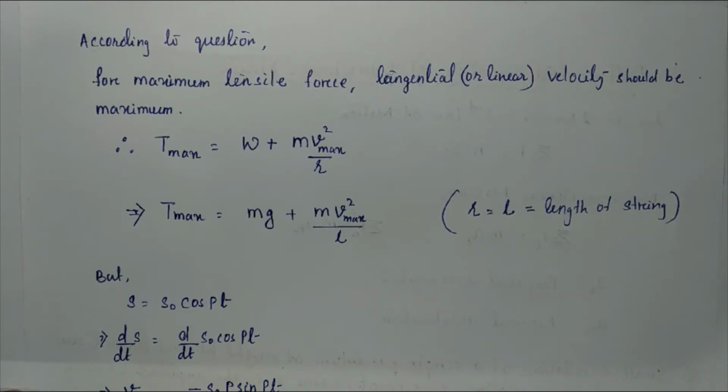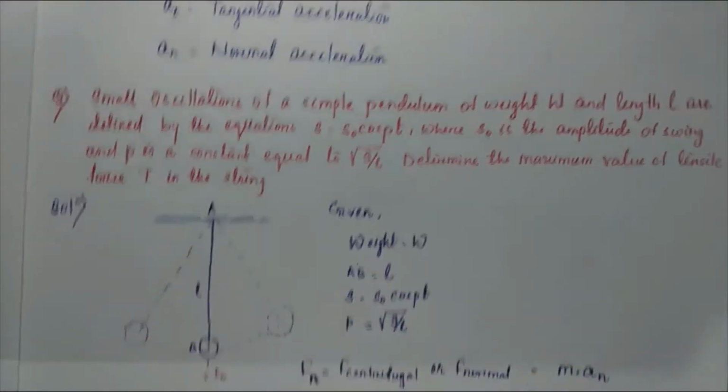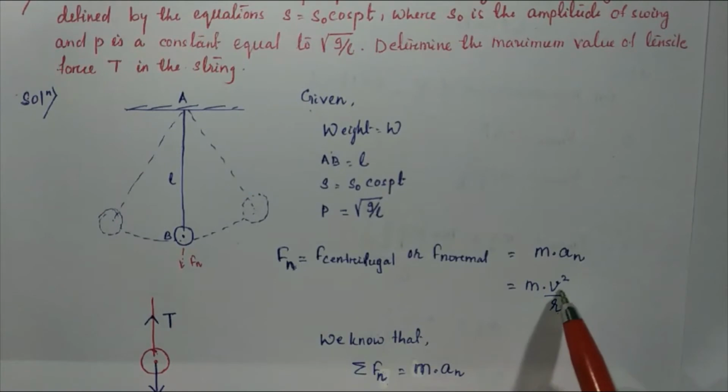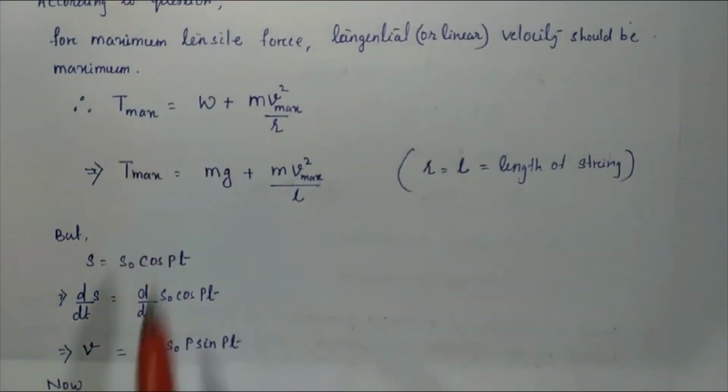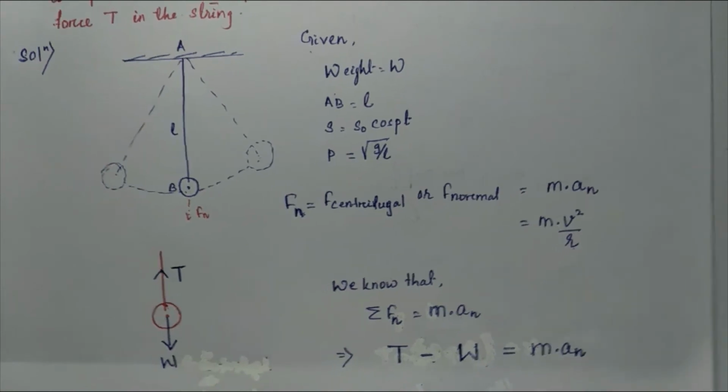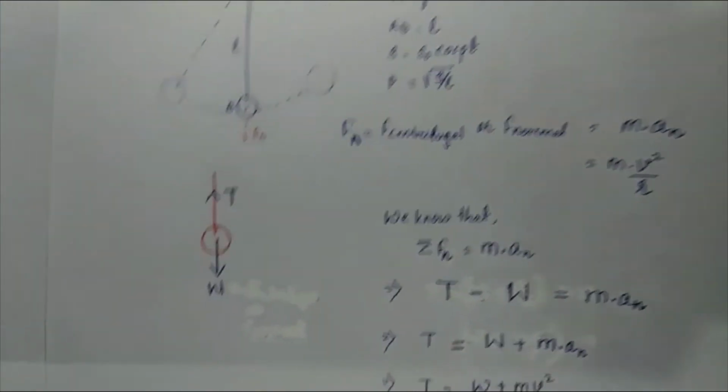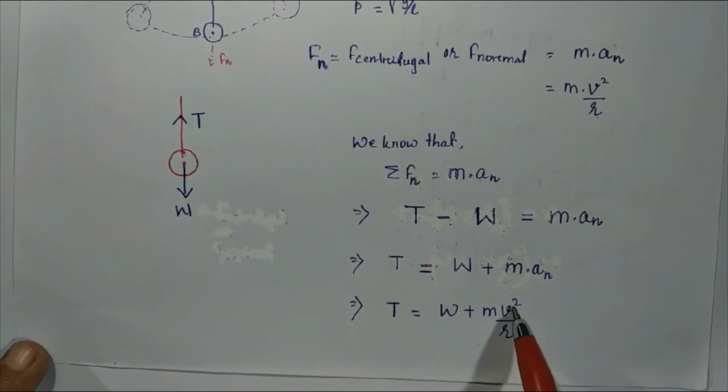That velocity is the linear velocity, or tangential velocity, in an equal to v square by r. This v must be maximum for the maximum tensile force, because T is equal to W plus mv square by r.